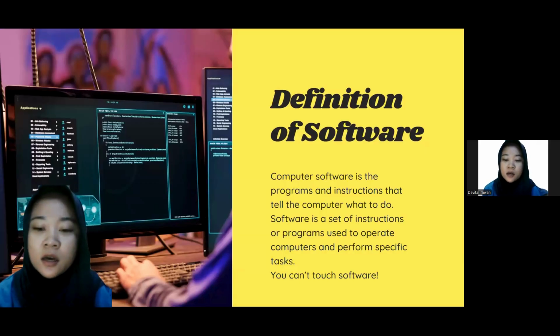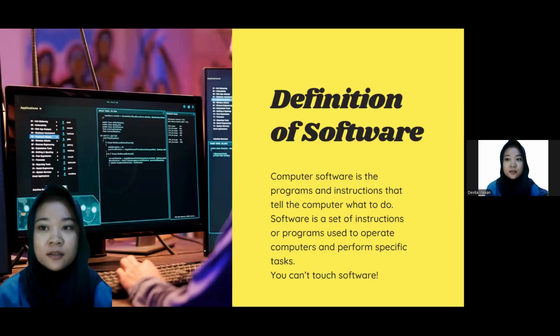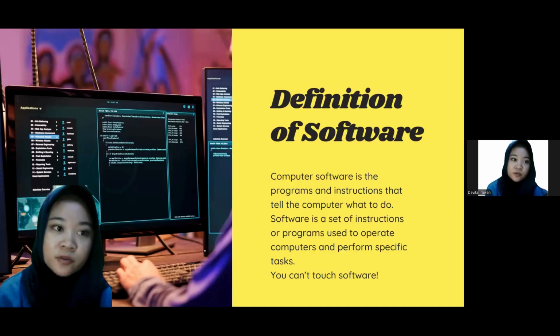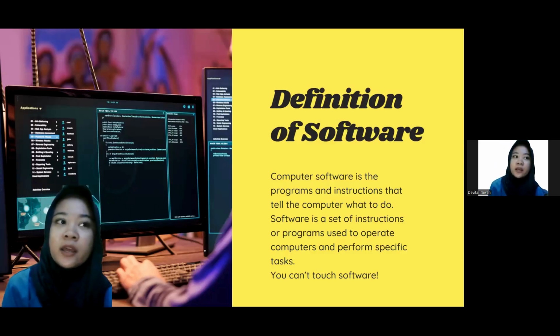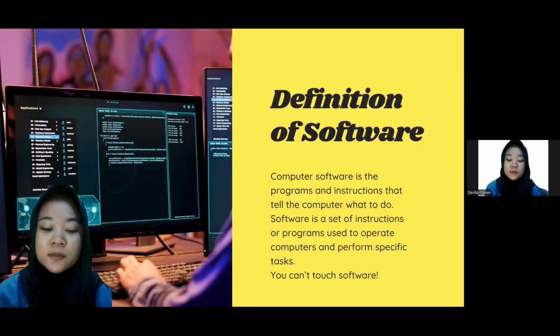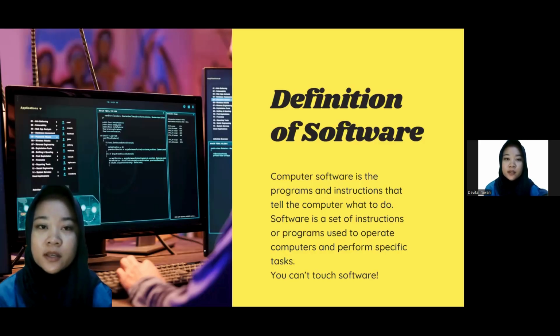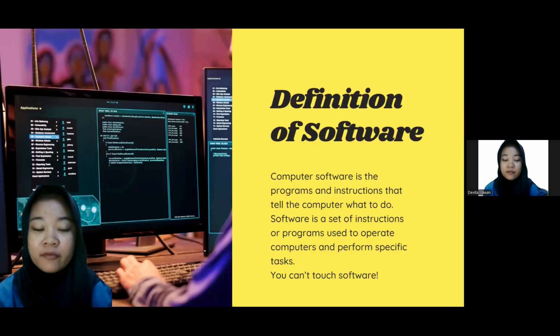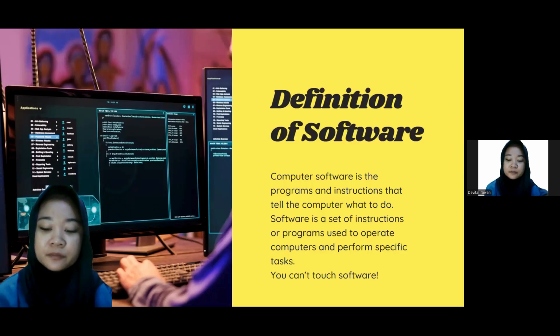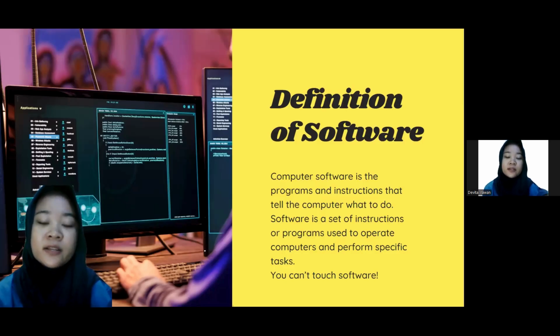I will explain at the end of the video the difference between software and hardware. Even though the words seem similar, software and hardware are very different, like soft and hard, and at the end of the video you will know what the difference is.